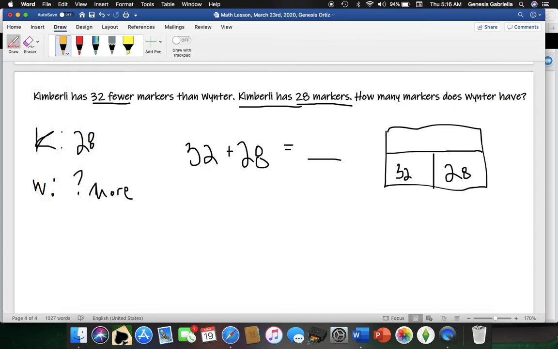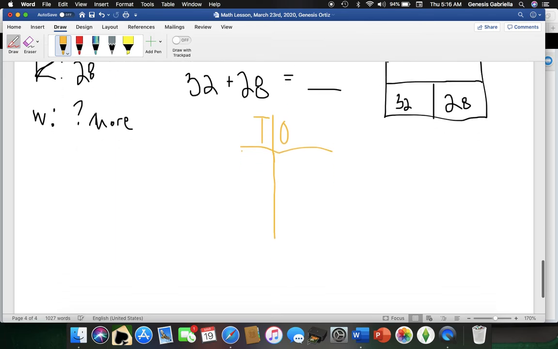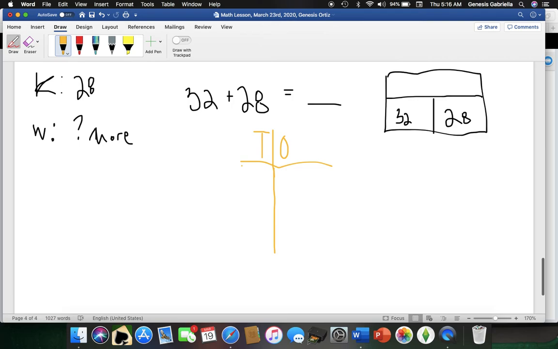I can go ahead and solve. Let's do our chart, since that's how the video did it. Alright, so tens and our ones side. Okay, so I'm going to put my original numbers into my table, 32 and 28.